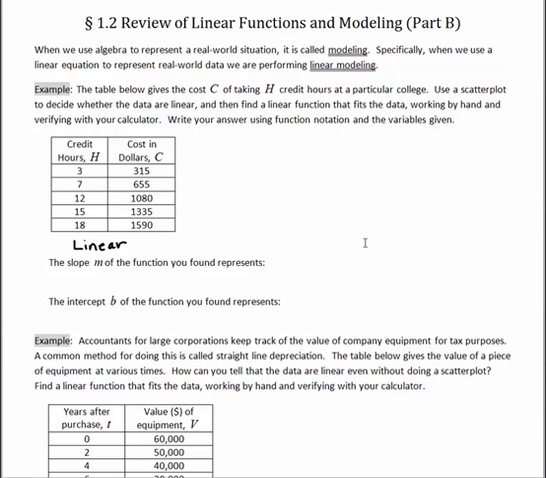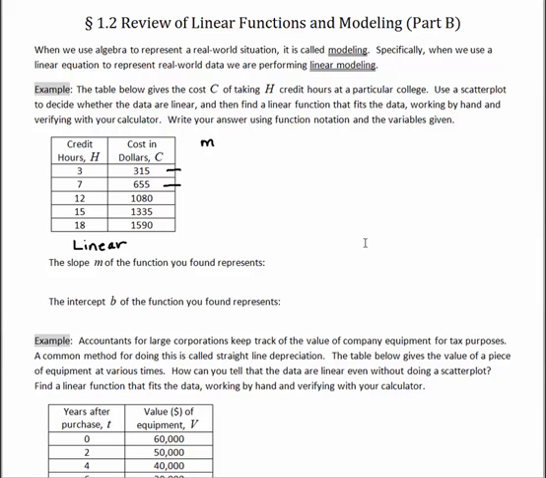Now that I've done that, I'd like to find an actual linear function that fits this data. And in order to do that, I'm going to do it by hand, although later we'll use the calculator for it. I'm going to use the first 2 points in my data table to do the calculation. You know that by hand we can only take into account 2 points. The calculator will be able to take into account more than that when we start talking about that.